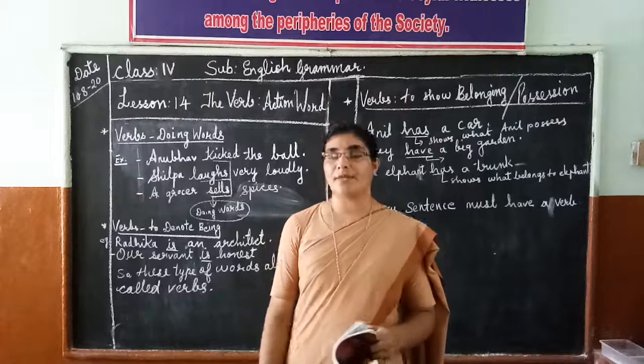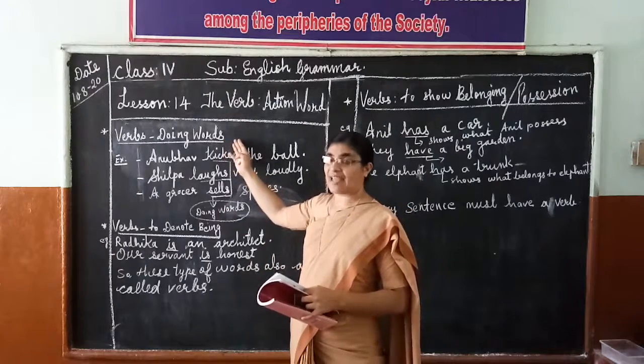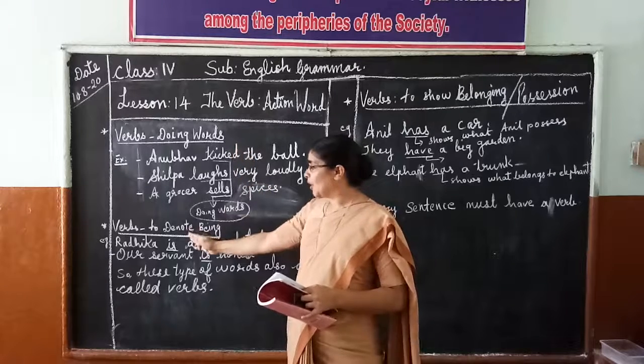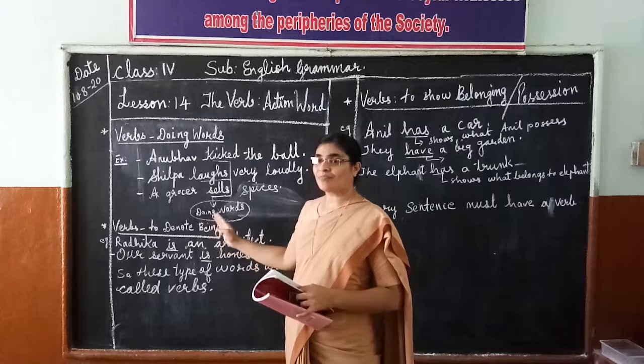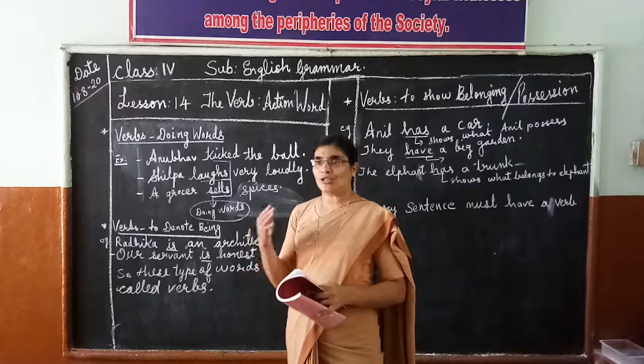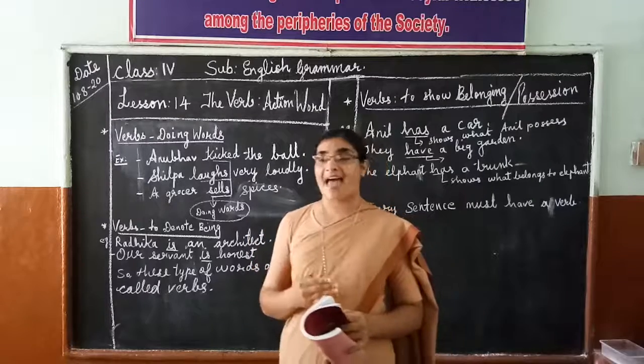And always remember the three kinds of verbs. First, doing words, the action that is done by the subject. Then the verb to denote being, is or have. Mainly we use the words is, are, am, was, were, have, has, had.